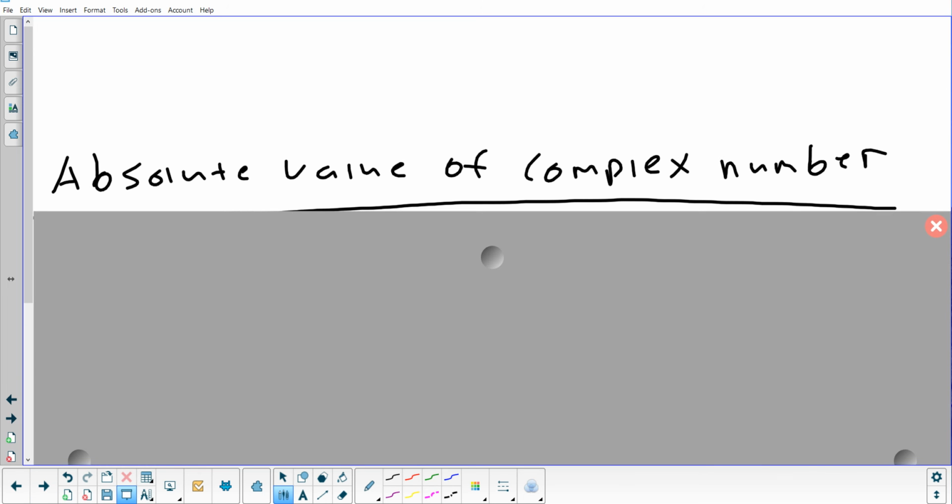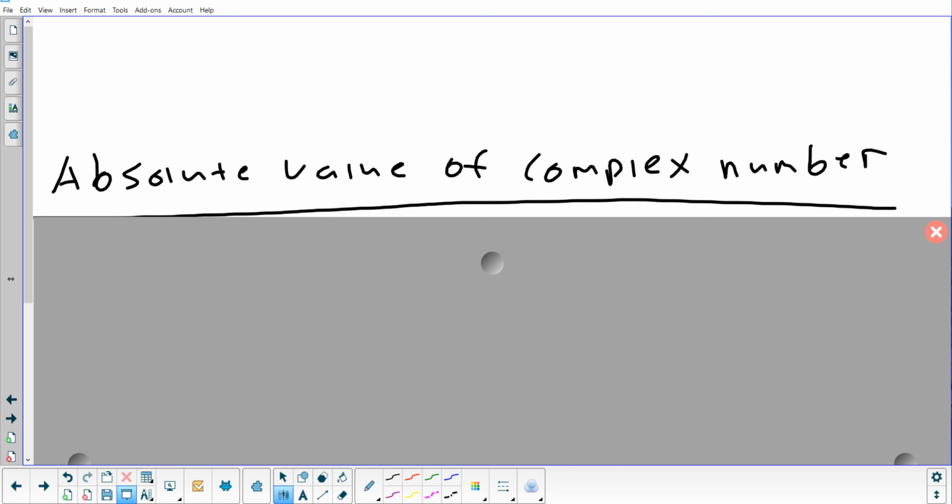Okay. So next thing I want to think about, and this is also going to be part of writing a number in trig form, is absolute value. How do you, well, there's lots of ways to do this, but how do you define absolute value? Can somebody tell me what that means? A lot of people think of it in a very geometric way.